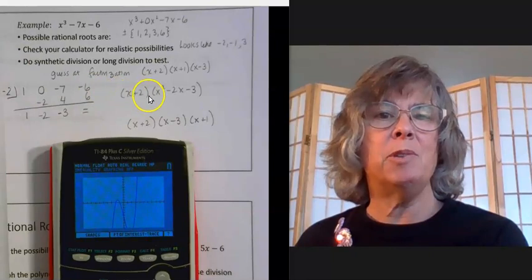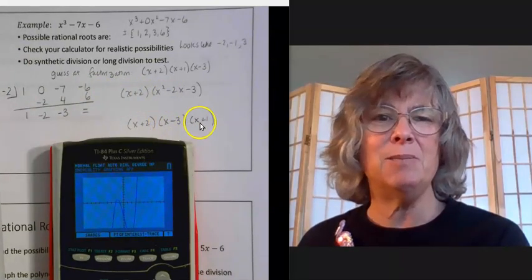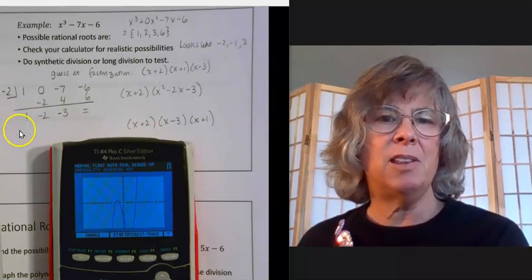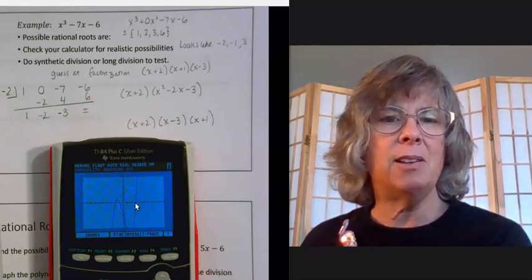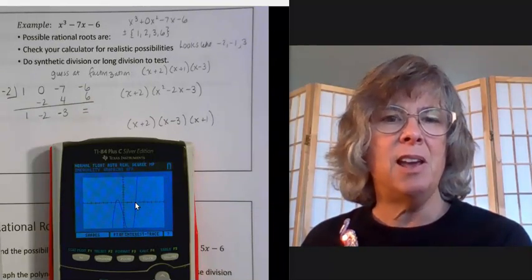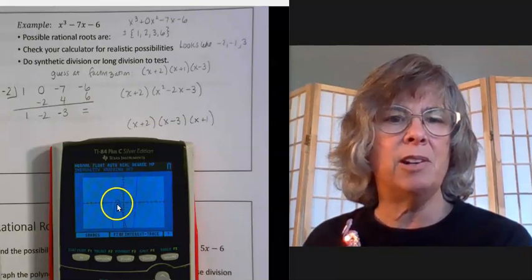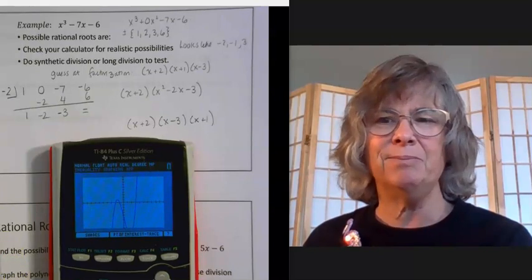And then I wrote the multiplication statement, and I saw, wow, that guy is factorable. I could just immediately factor that. It was easy to factor. I could have come over here and continued synthetic division. But you can see in the graph, that looks like it's a 3, doesn't it? And that looks like a -1, and that looks like a -2. So you can see how this seems to fit.